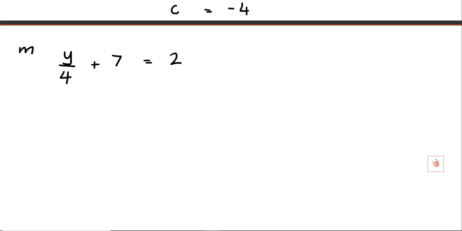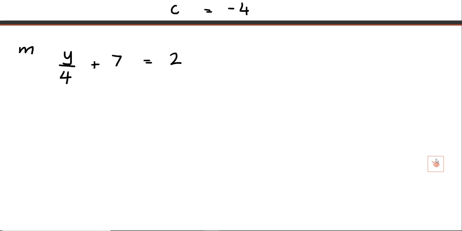Right, so this is where we've got to think order of operations. We can only get rid of things in the correct order. All right? So I have to think, what happens to y? What was the first thing that happened to y? Right, so if I think of the language of it, if I was going to substitute into y, I would do y, then divide by 4, and get an answer, right?